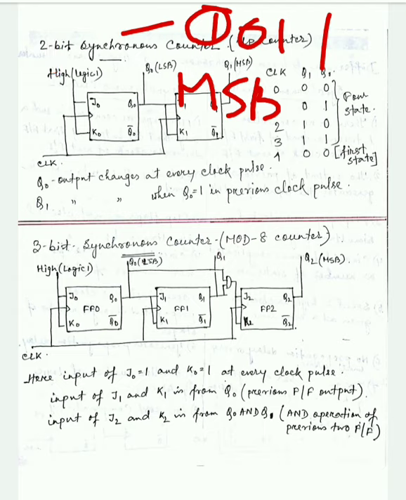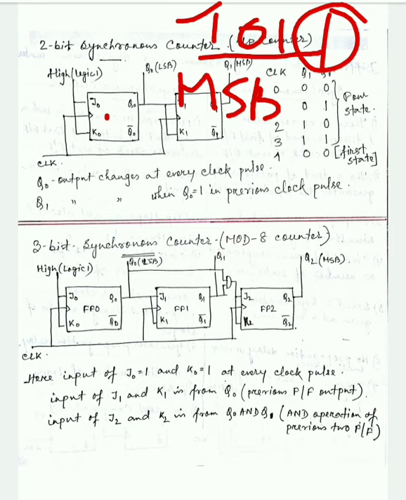This is the MSB. So in a counter design, the rightmost flip-flop gives the leftmost bit, the MSB. Okay, and the leftmost flip-flop gives the LSB. Whenever we write a number, we get the LSB on the right side and the MSB on the left side.